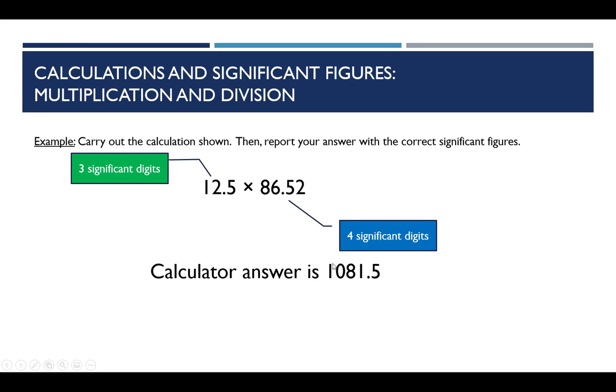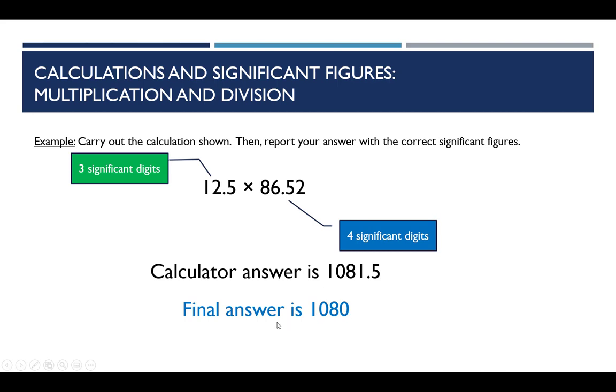So how do we do that? Well, the 1, the 0, the 8. The 8 is the 3rd significant digit. Next door is a 1. That's a round down number. So we're going to keep the 1, the 0, the 8, and then making sure not to change any place values, we're going to need to replace that 1 with a 0. Is the 1 still in the thousands place?